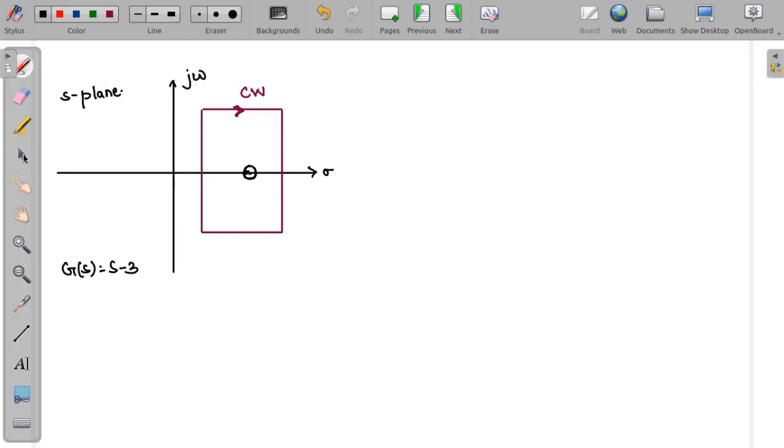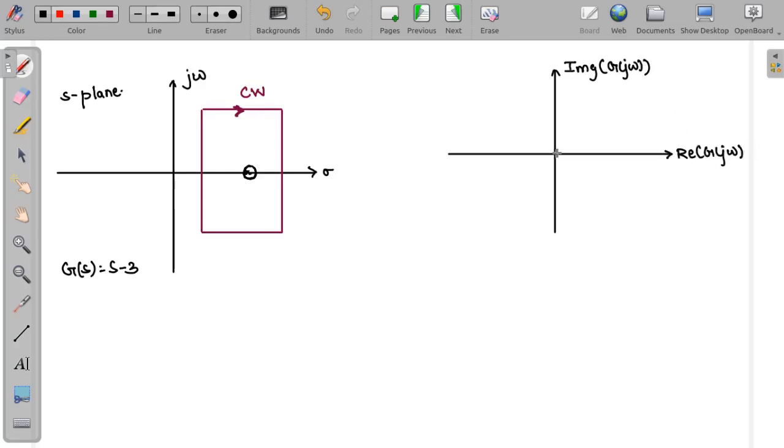So in the frequency domain, this origin will be enclosed once, and whatever is the direction of enclosure in your S plane, the same it will be over here. As over here it is clockwise, this will also be clockwise.